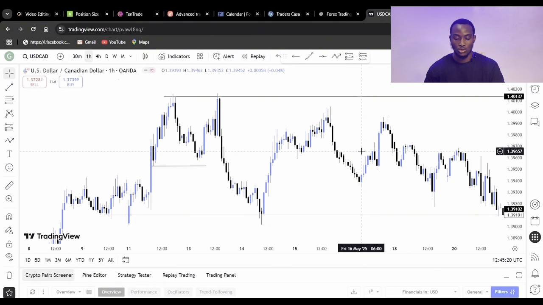So let me show you an example of a bearish engulfing candle so that you know what I'm talking about.